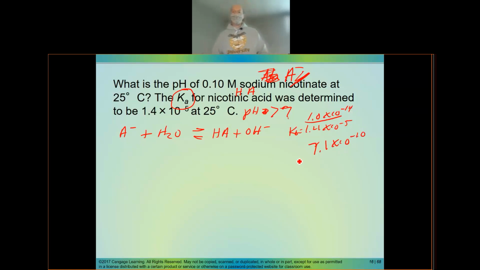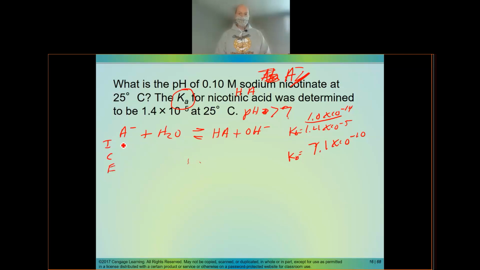So that's your Kb. So the most common mistake in this one is you use the Ka, and no, we have a base, you have to find the Kb. They don't give you the Kb because there is no chart for that Kb. The only way to get it is to get the Ka and use Ka times Kb as the Kw.